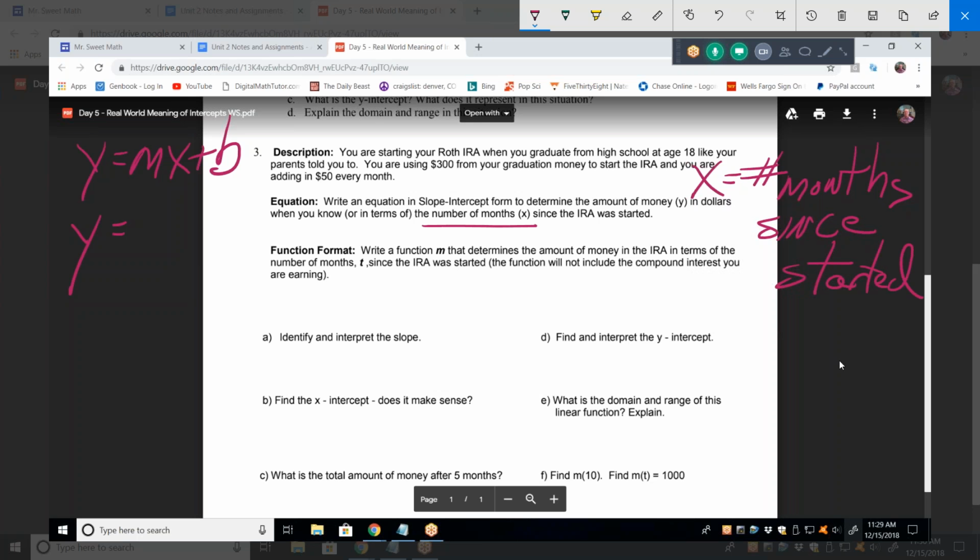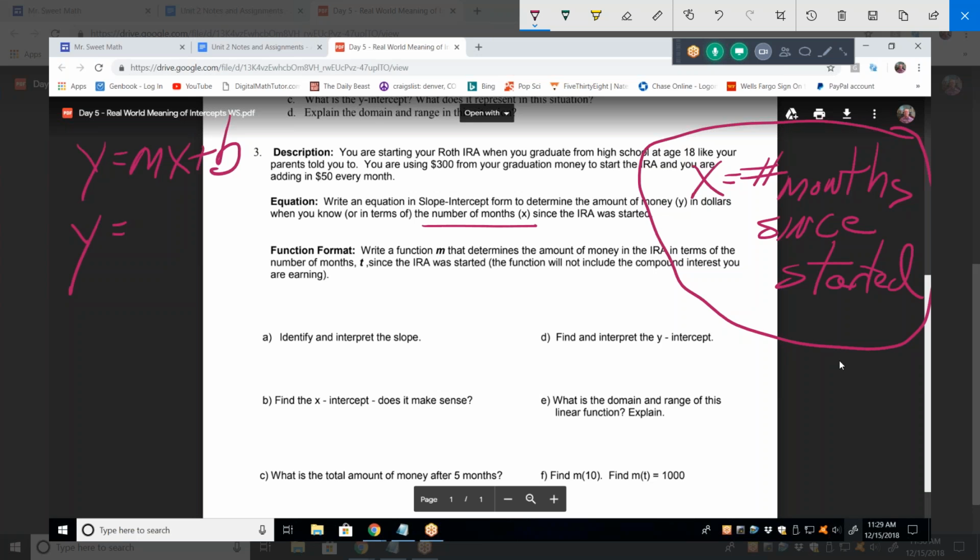And this is extremely important. The more detailed you are, the better you will understand the problem. You don't just want to say x equals months, because if you say x equals the number of months since you started, you can picture it in your brain. You can picture graduating, taking this $300 of graduation money and investing it.